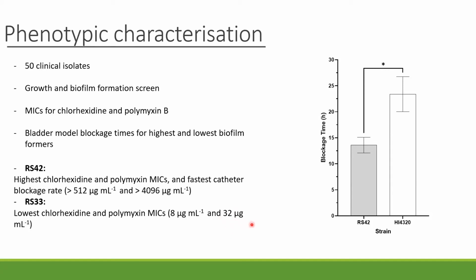So based on the characteristics of these two, I've chosen these to go forward, and I've done some RNA extractions for both of these strains, both with and without exposure to chlorhexidine. I've also done extractions from the planktonic cells, which I isolated from the artificial urine in the bladder model. So when this data is back, I'm hoping that this will give me some clues as to the relative importance of different systems under different conditions.